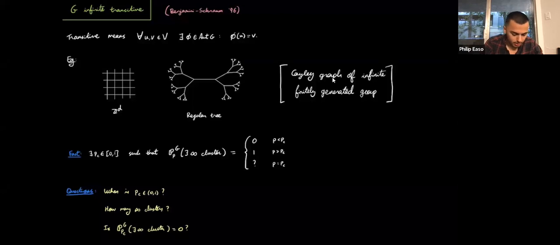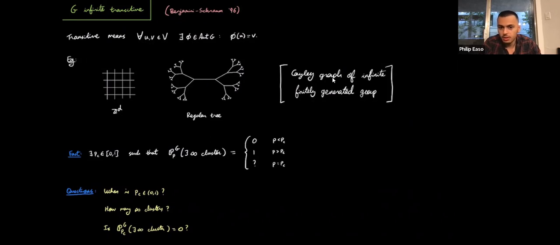Okay. So here's what you get for free if you start working on percolation in this setting. There's some critical parameter p_c that might be 0 or 1, or anywhere in between, such that if you do percolation at that parameter, then the probability that there is an infinite cluster, an infinite connected component, is 0 if you're below p_c, and 1 if you're above p_c.